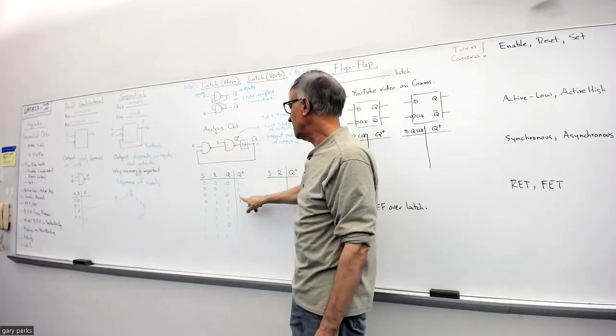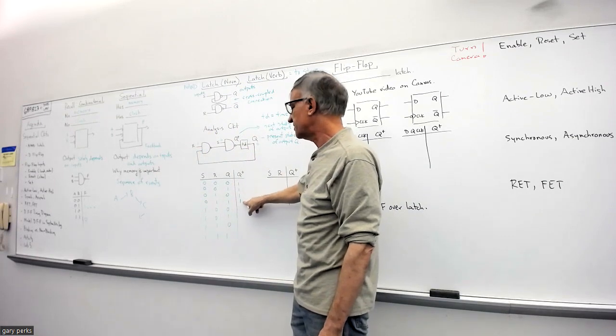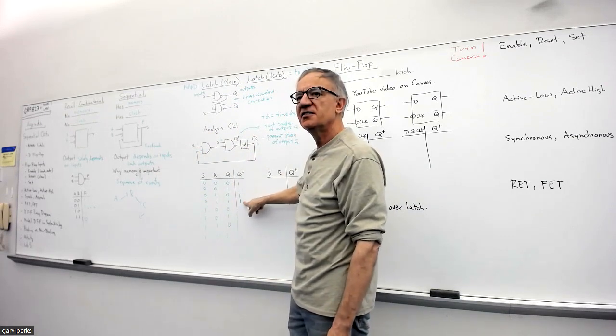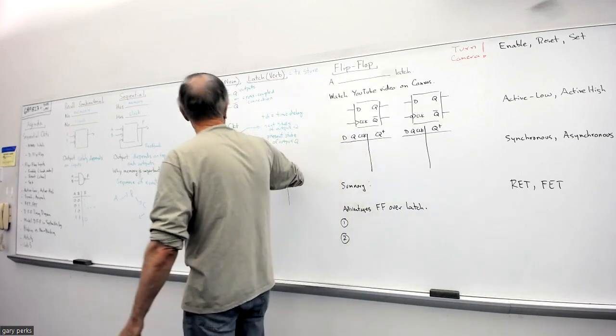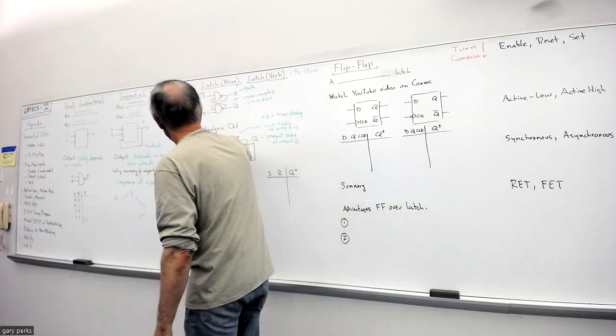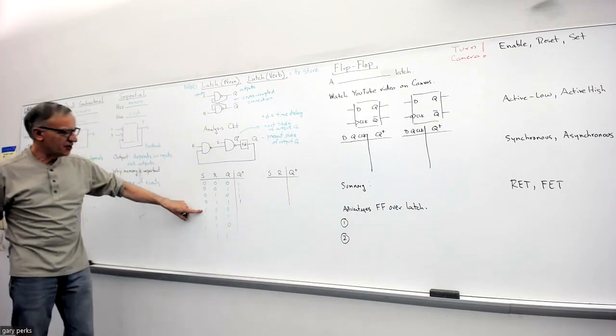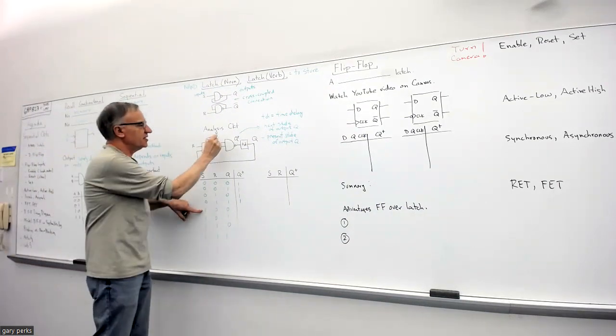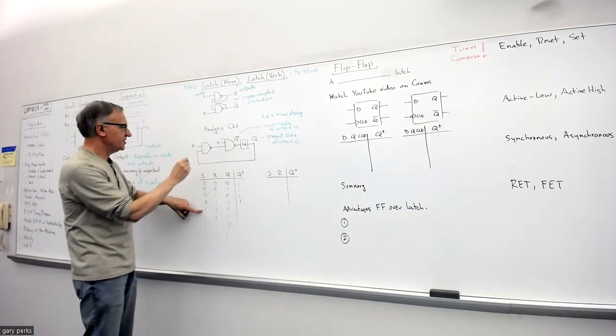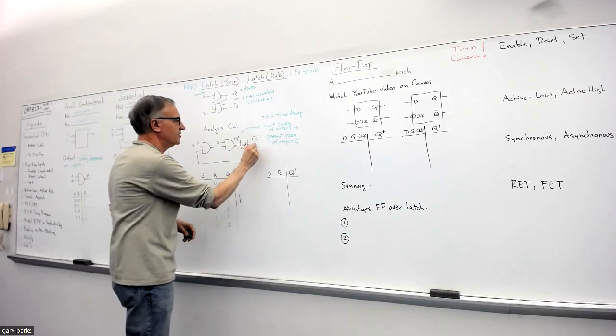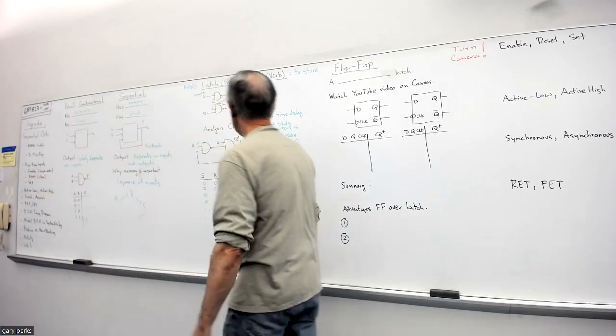Okay, so is everybody okay up to this point here? Everybody see where I'm getting this? All right, so now this 5th row here. S is a 1, R is a 0, and Q is 0. So this is where what you brought up is important, right?